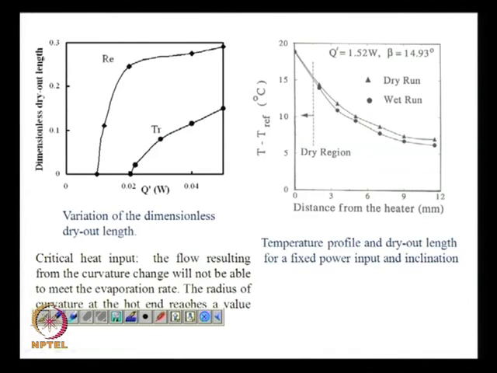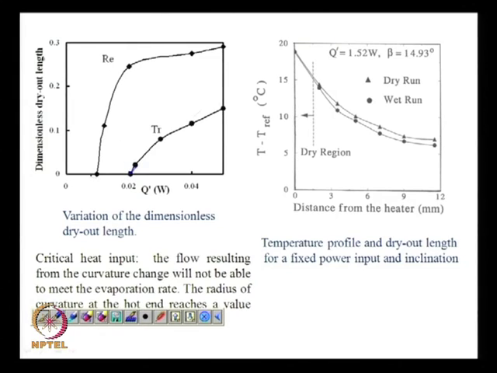And this is a plot of the critical heat input, or rather the dimensionless dry out length, as a function of heat input. Here you can see that up to a heat input of 0.02 watt, there is no dry spot for the case of the triangular heat pipe.